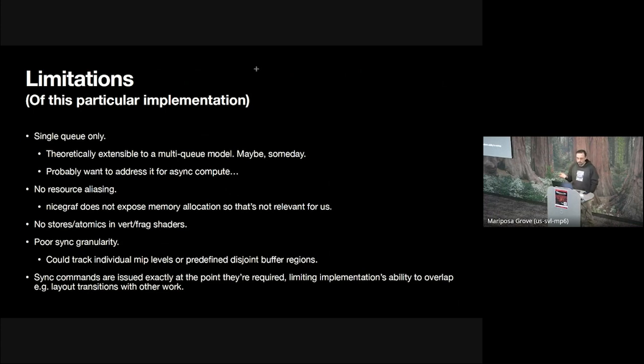The big one for me right now is poor sync granularity, and there's definitely ways to address it. This is the one that I talked about where we track the entire image and not individual MIP levels. So we could track individual MIP levels, and we could do something for buffers as well, like maybe make the user specify disjoint regions that they're interested in individually, or maybe we divide the buffer up in pages or something.